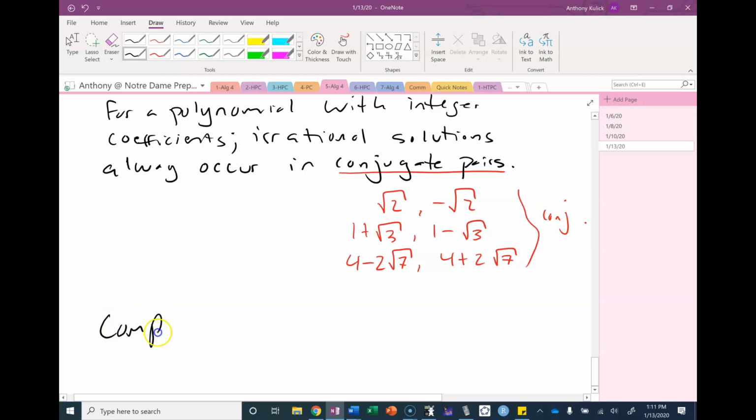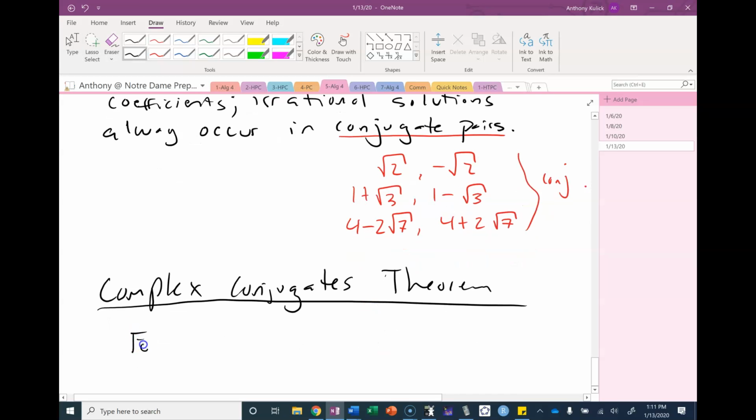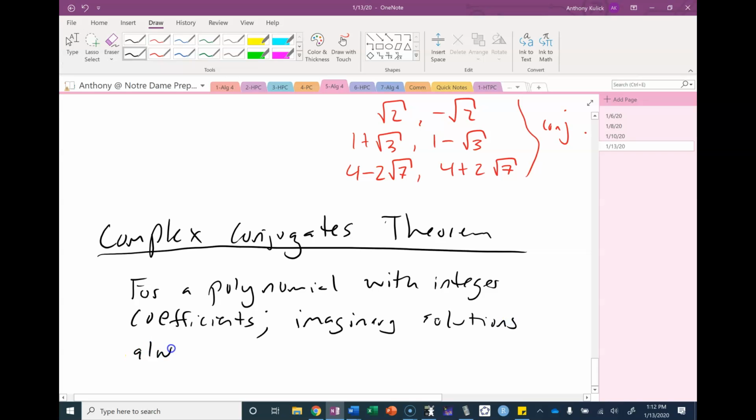Our last theorem is called the complex conjugate solutions theorem, or complex conjugate theorem. This says almost the same thing. It says for a polynomial with integer coefficients, imaginary solutions always occur in conjugate pairs.